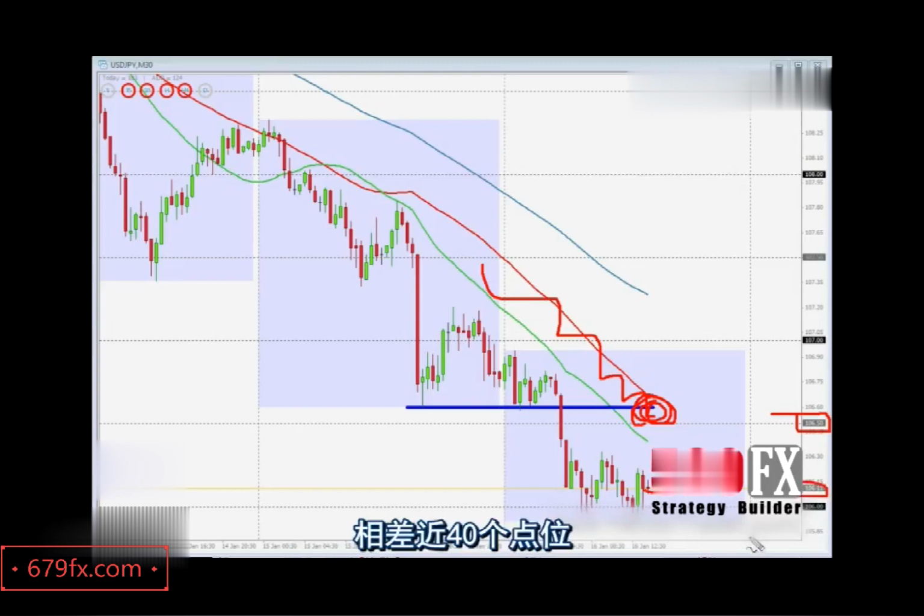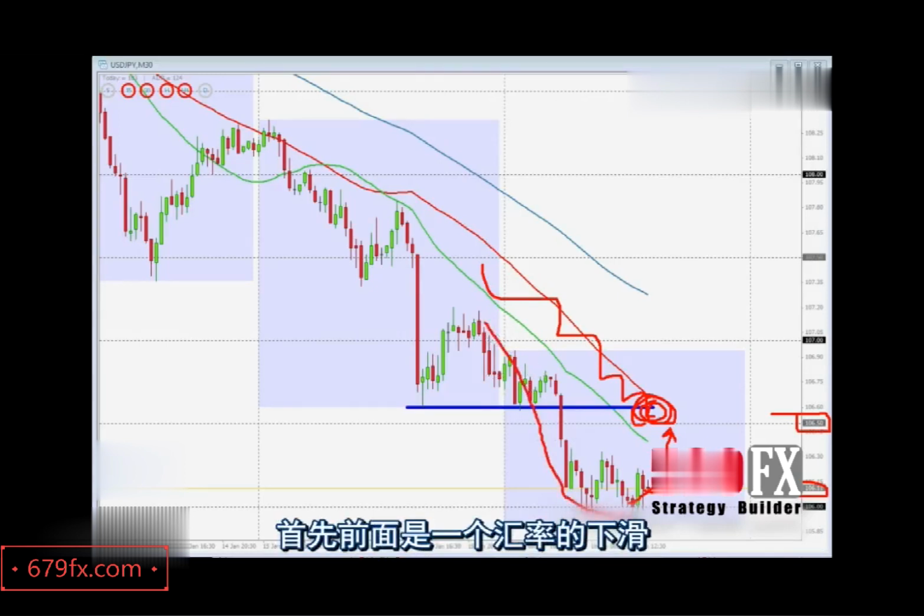It's about 40 pips away. I'd like to see price retrace a little bit closer to that level. So the type of price action I'd like to see, like I say, is having seen this downswing completed, then a pullback and search for entries around here.